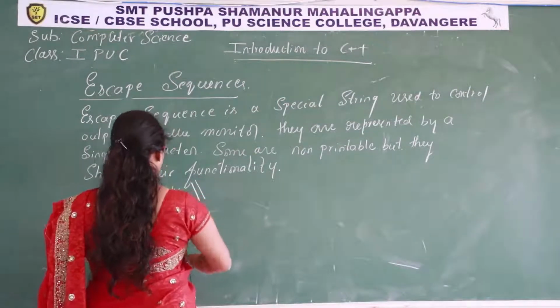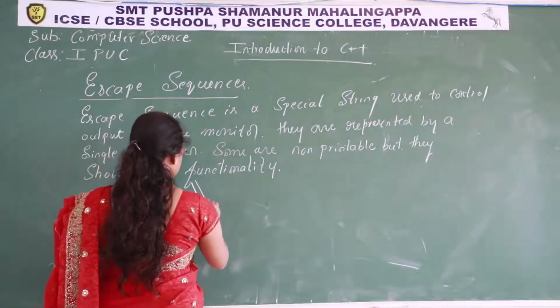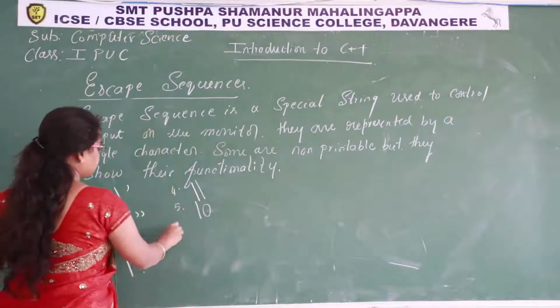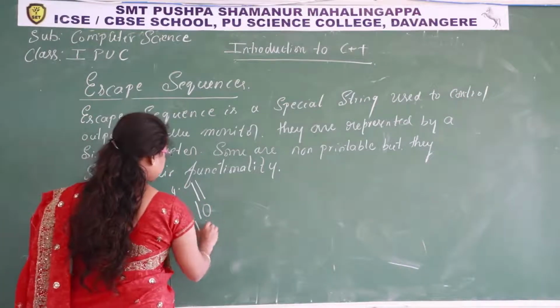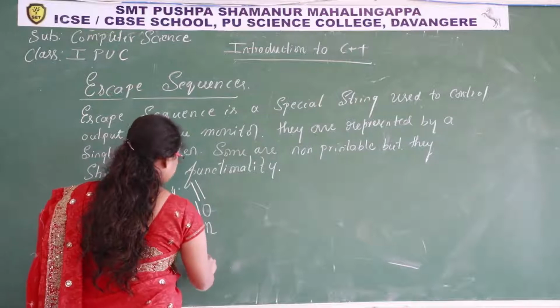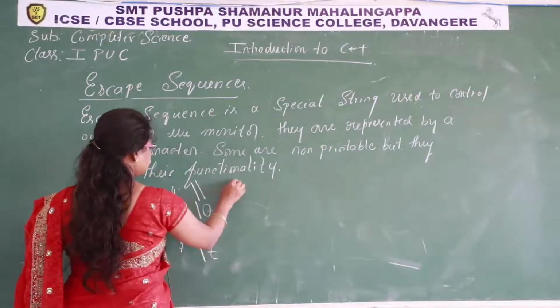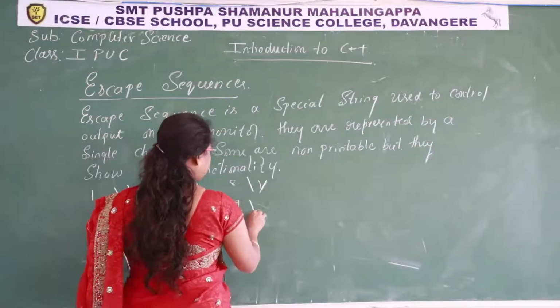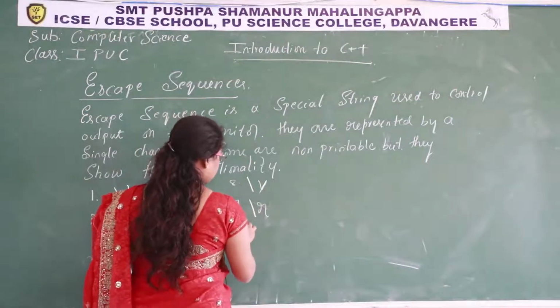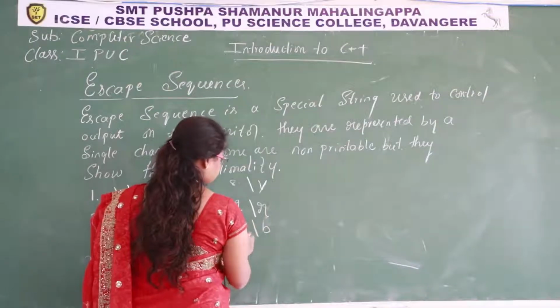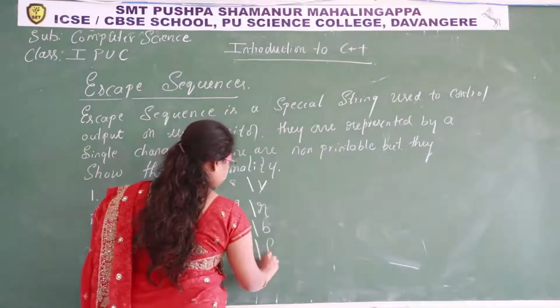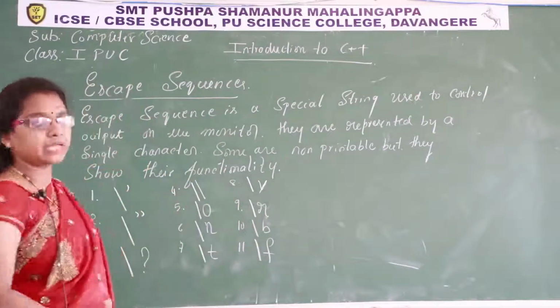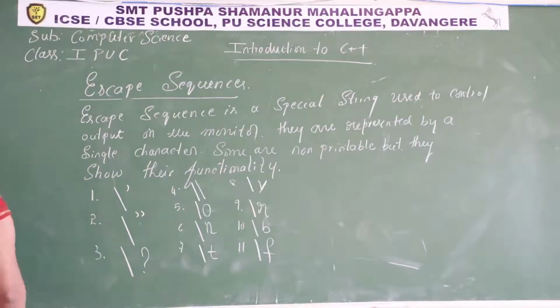Backslash 0 is called the null terminator. Backslash n, backslash t, backslash v, backslash r, backslash b, backslash f. These are the main escape sequences.